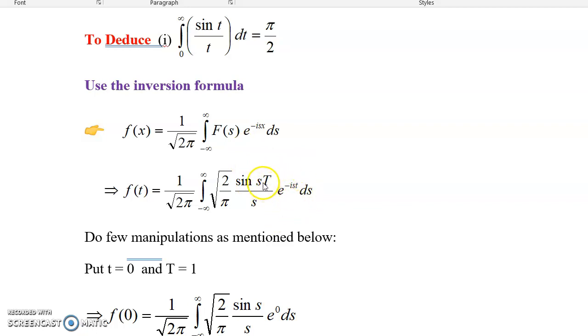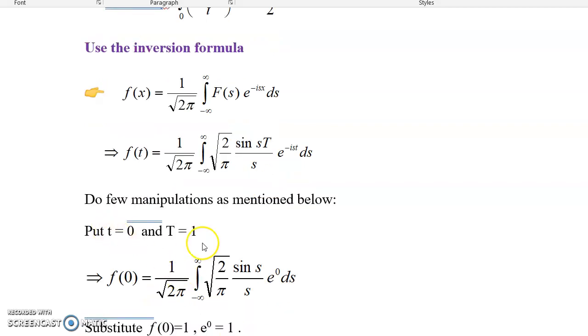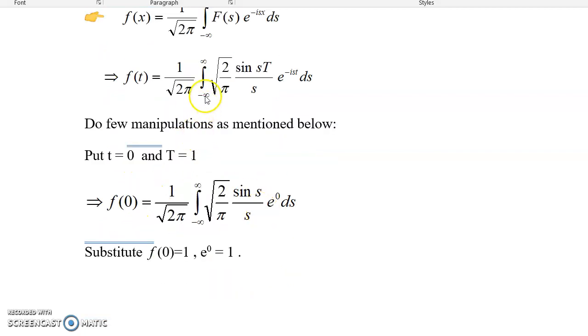Similarly, this capital T: when you look at the integral we have only sin t, but here we have sin s into capital T. So this capital T, which is the time period, we can make as 1. So when you do these two adjustments, that is small t as 0 and capital T as 1, this becomes f of 0 equal to 1 by root 2 pi integral minus infinity to infinity root of 2 by pi sin s by s e power 0 ds.